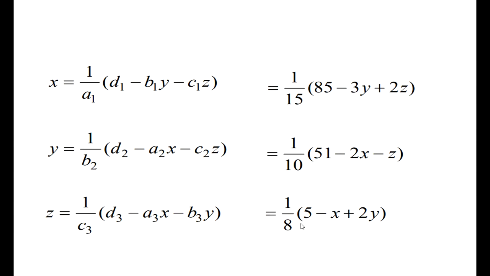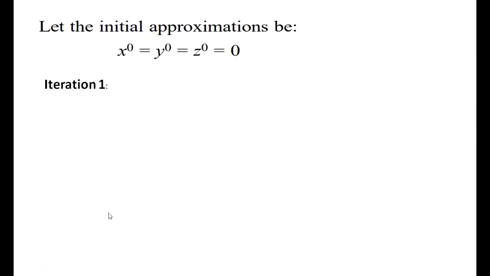You will get 1 upon 8 in bracket 5 minus x plus 2y. These are the equations we have extracted from the first, second and third equation respectively. Now for iteration 1, let us assume the initial approximations as x0 is equal to y0 is equal to z0 is equal to 0.